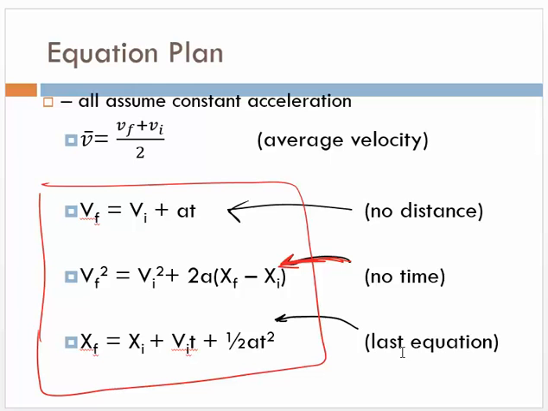Yes, I do have time. You could use either one of these equations because this one needs time and we have it. If I didn't have time, I'd have to use this middle equation. But when I have time, I can use either. We haven't used the bottom one, so I'm just going to arbitrarily choose to use that one.